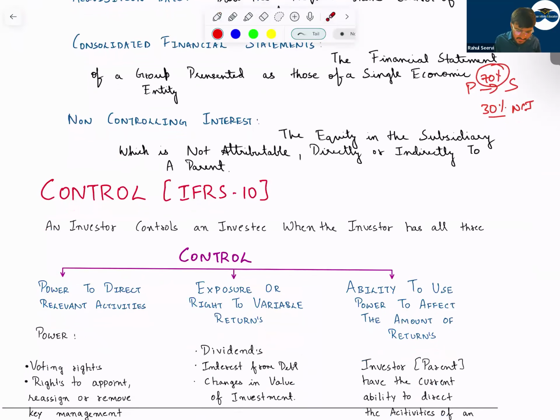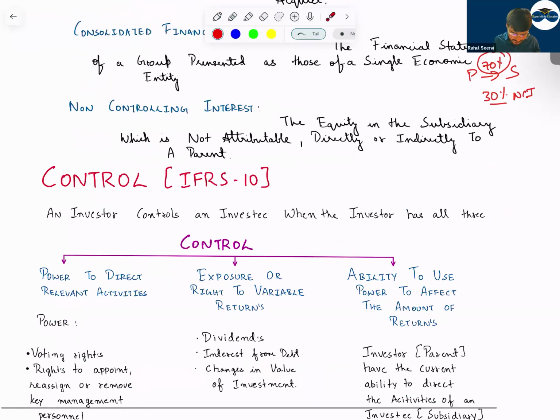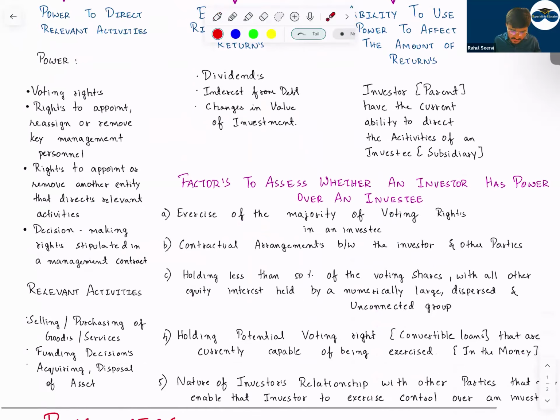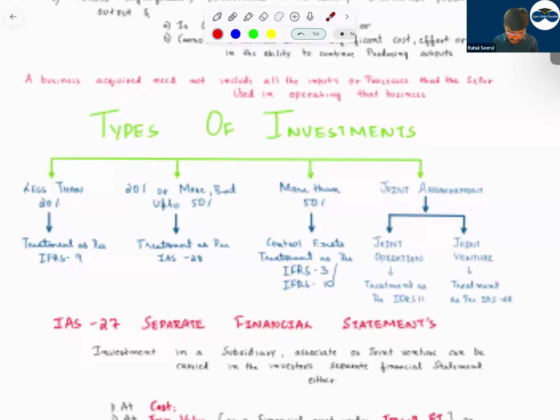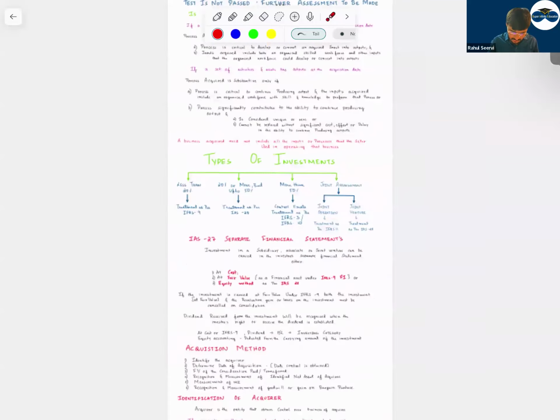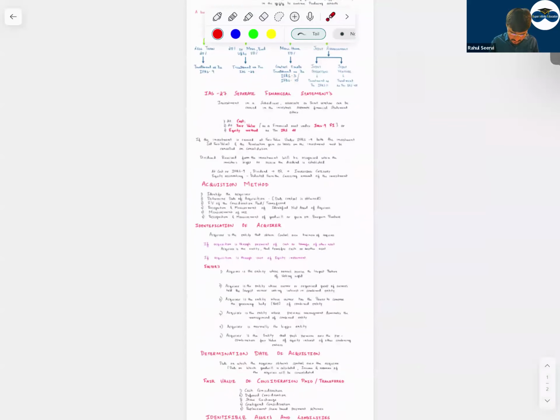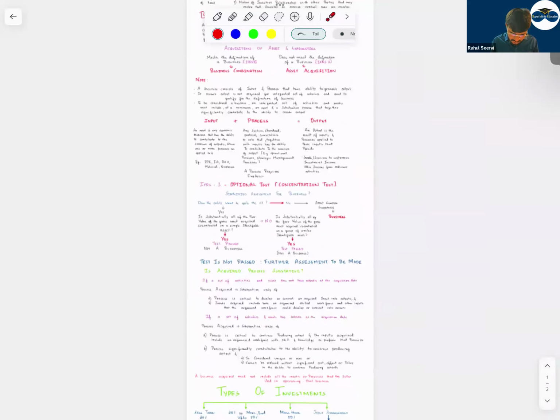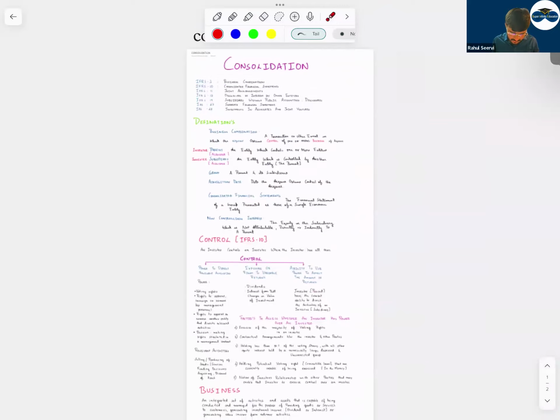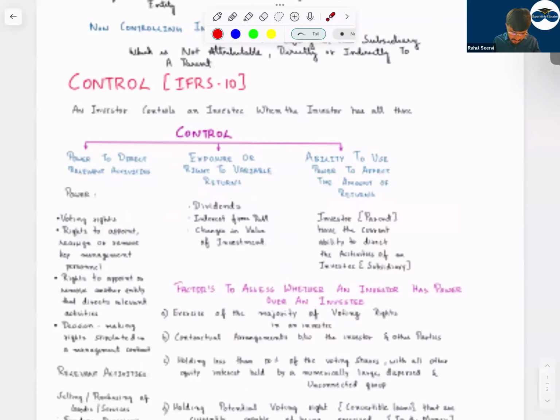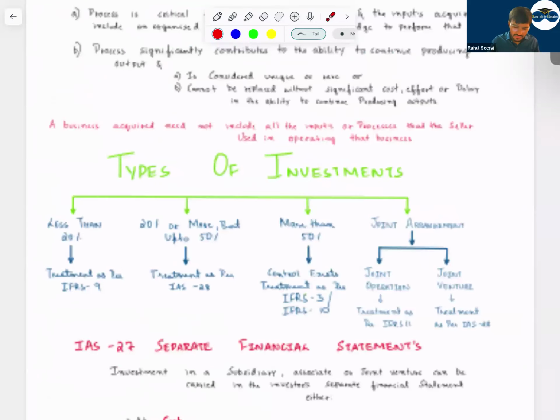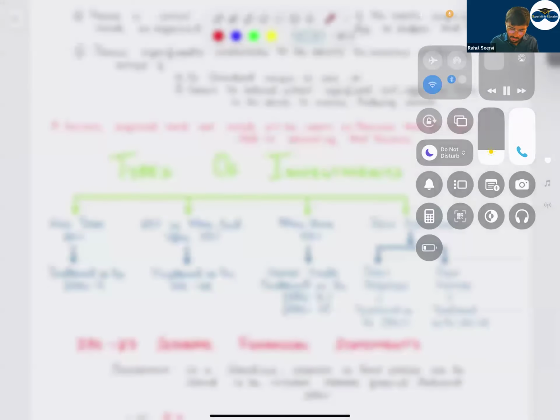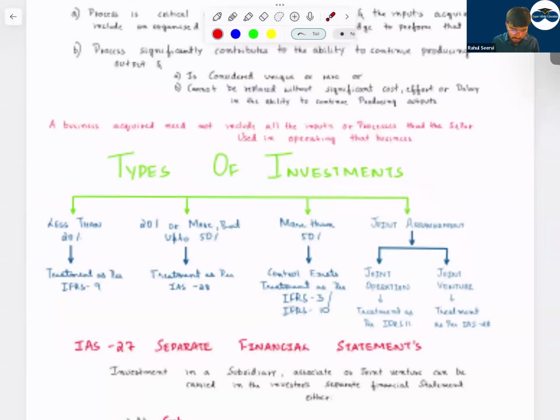Now this should be clear to everyone. The screen is blurred, no? Yes.